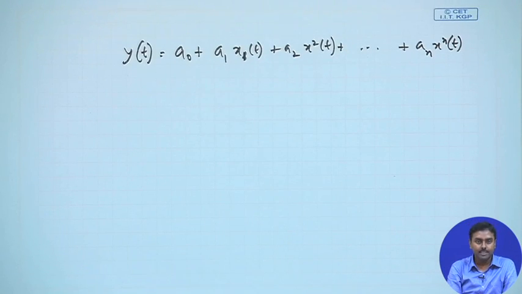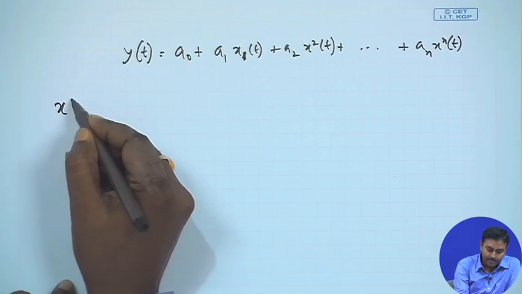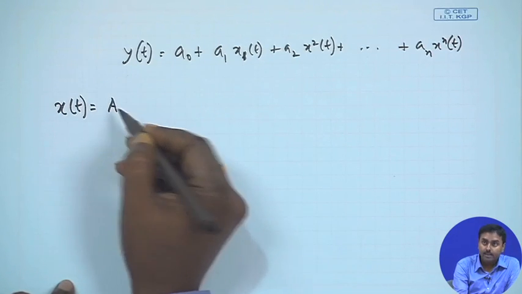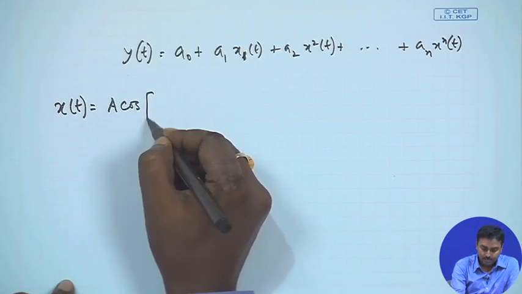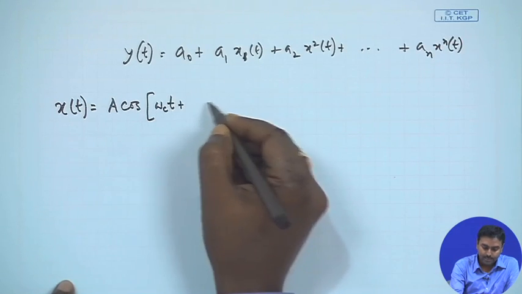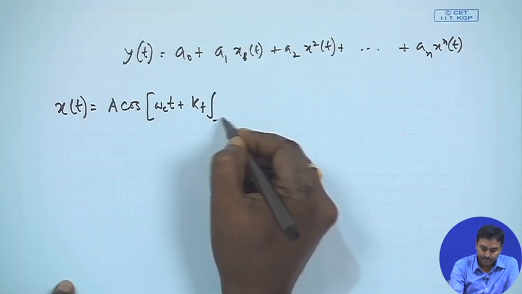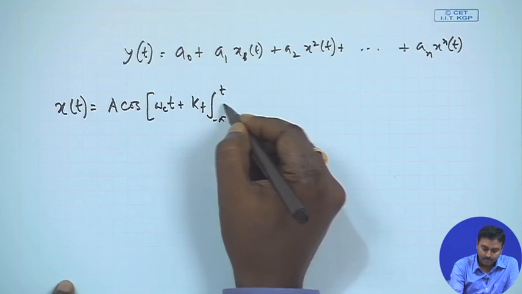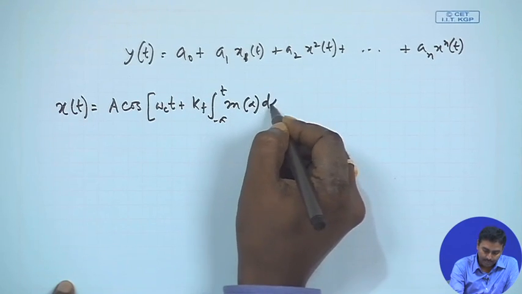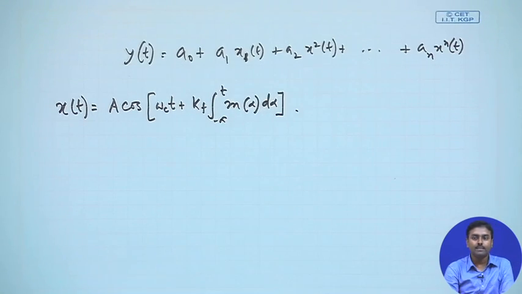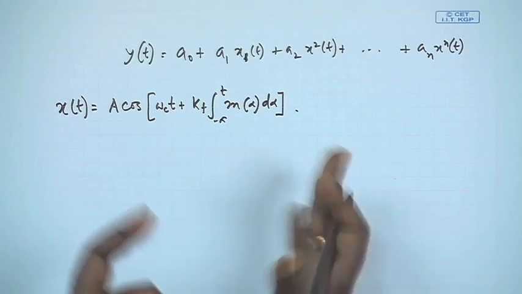I will be launching an FM signal, so x(t) should be A cos(omega c t plus kf times the integral from minus infinity to t of m(alpha) d alpha). Whatever discussion we are doing is equally valid for FM as well as PM, since both are equivalent, as we have proven. For PM, instead of the integration you just put m(t) over here. So, if I put this x(t), what will be my y(t)?